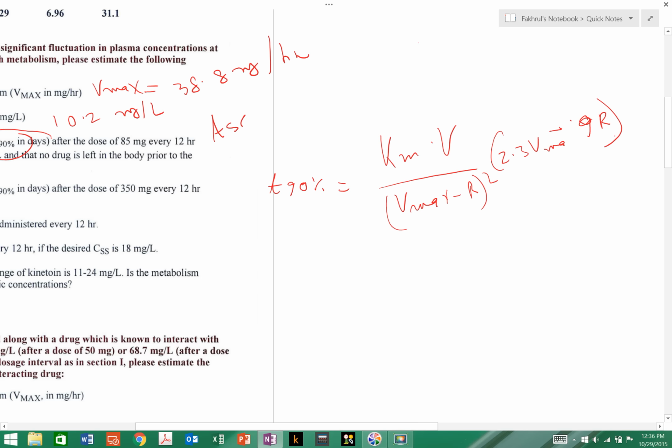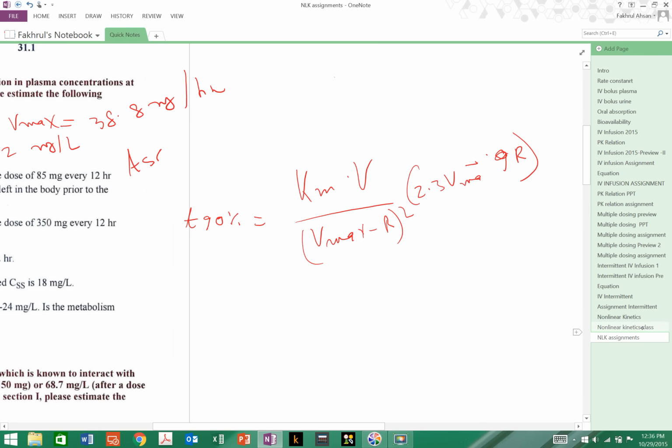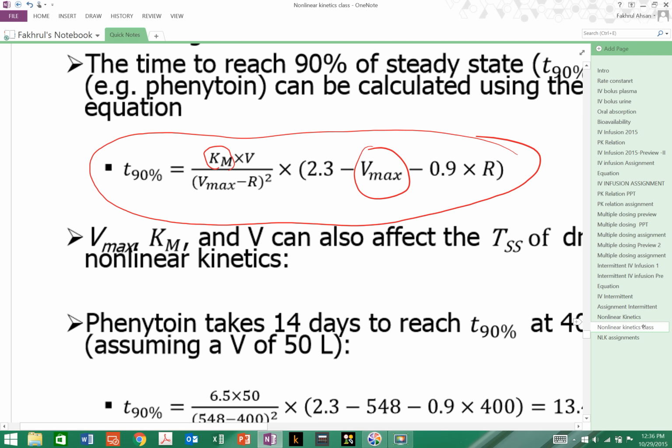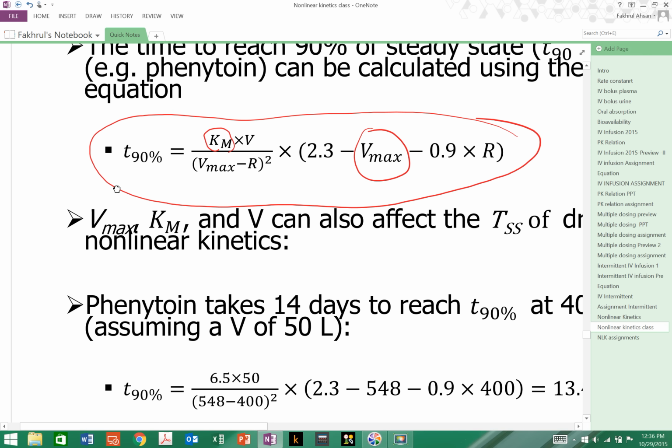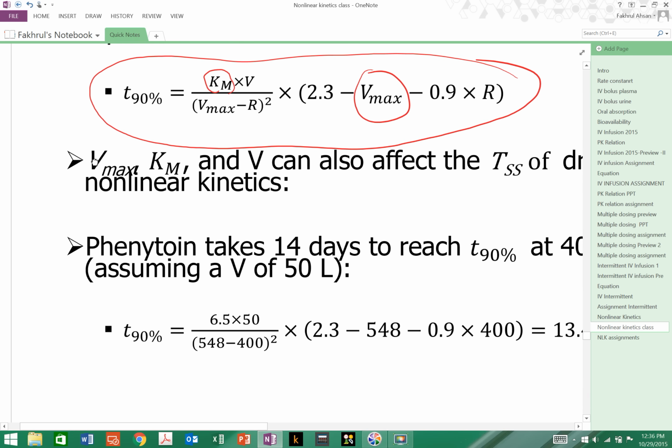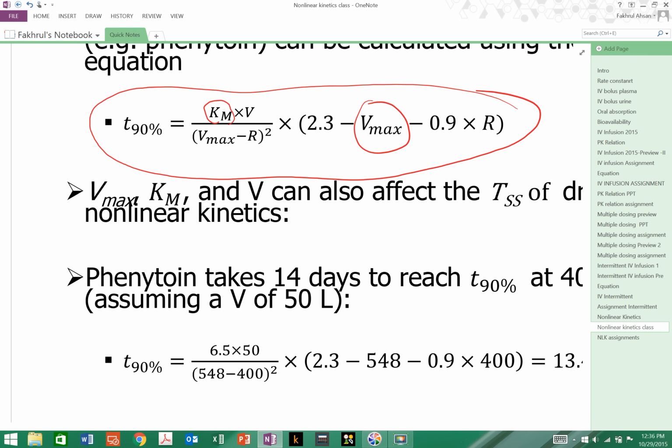This is the same equation. If you go back to here, it's the same equation. Vmax, I don't know why it is here like this. Let me check back.